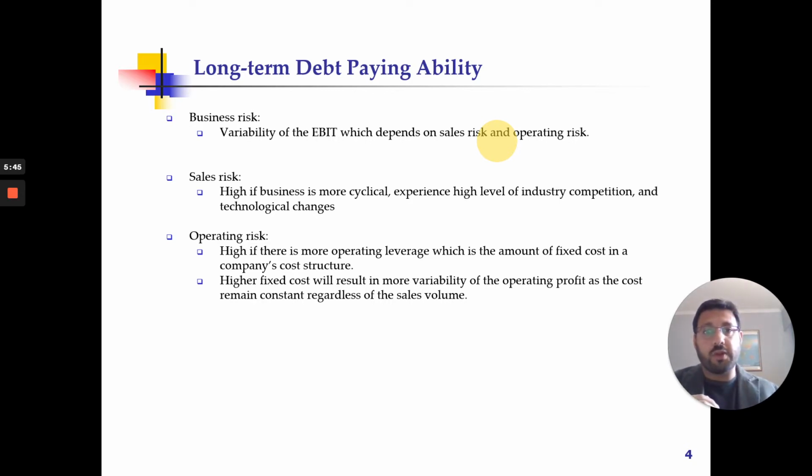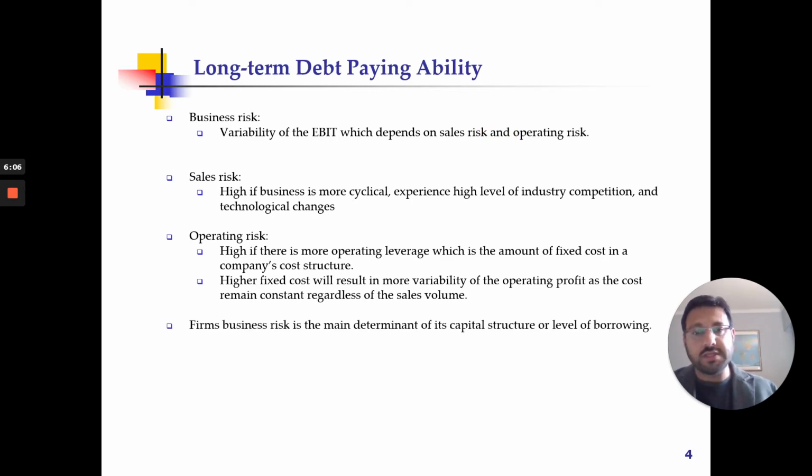So the equity holder, the shareholder, needs more return. So obviously, first of all, the cost is high from that link. Then on top of that, the interest, as I earlier mentioned, is tax deductible. That also reduces the cost of debt for the firm. So the firm's business risk is the main determinant of its capital structure or level of borrowing.